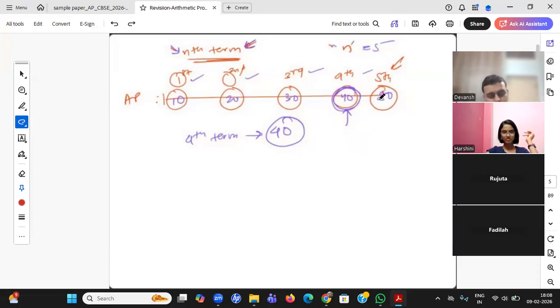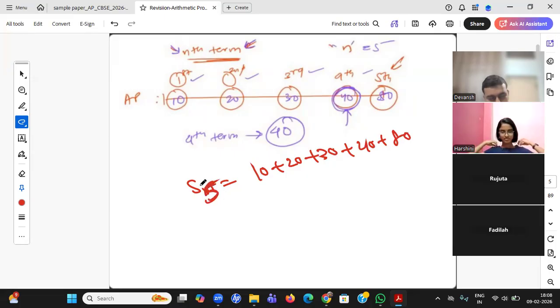Fourth term? 40. Fifth term? 50. How many terms are there? 5. N equal to 5 means the number of terms is 5. What is S of n, student? S of n is nothing but adding all of them: 10 plus 20 plus 30 plus 40 plus 50. If I am asking for S5, it means the first five terms.